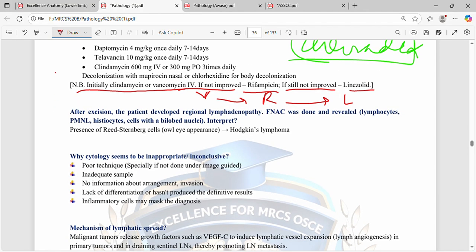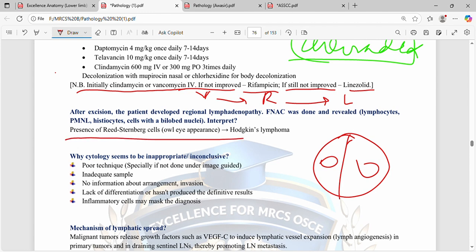After excision, the patient developed regional lymphadenopathy. FNAC was done and revealed lymphocytes, polymorphs, and histiocyte cells with bilobed nuclei. Interpret. So this is bilobed nuclei with lymphocytes. This is a Reed-Sternberg cell, owl-eye appearance. This is Hodgkin lymphoma.